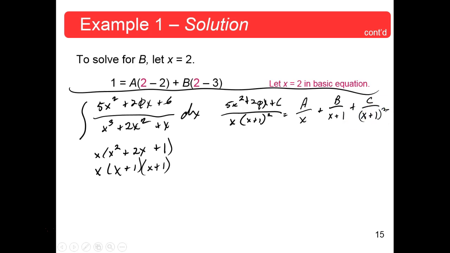That's what we do when we have repeated linear factors. We put constants over that factor to the first power, second power, as high as it goes until you reach your n. Here it was 2, so we only went to 2.